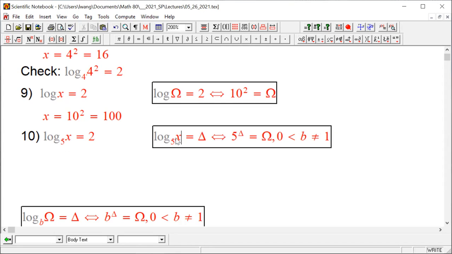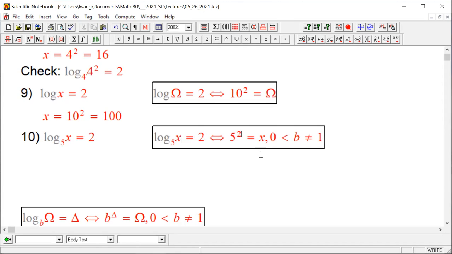So this is x. The place of triangle is 2. Therefore, this is 2. And now x equals 5 squared. You see that? So x equals 5 squared, and that's 25.